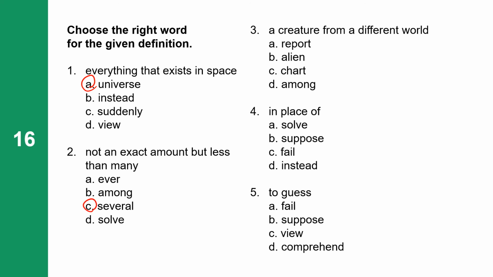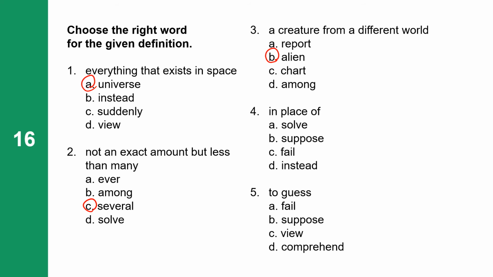Number 3, a creature from a different world. A, report. B, alien. C, chart. D, among. The answer is B, alien. Number 4, in place of. A, solve. B, suppose.